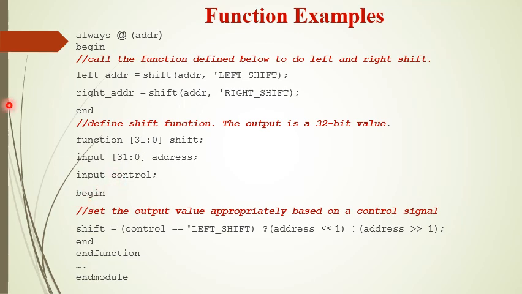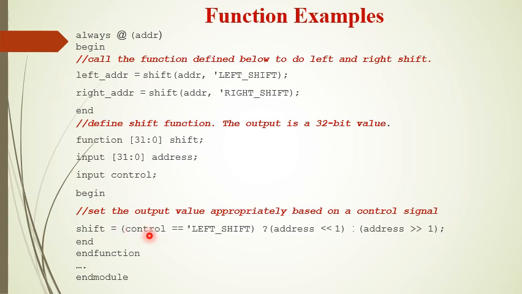Inside, in the main body of the function, we use the conditional operator: shift equal to. As I have told, the function is going to use the implicit register, which is the same as the name of the function. Control is going to hold whatever you are passing, either left shift or right shift.